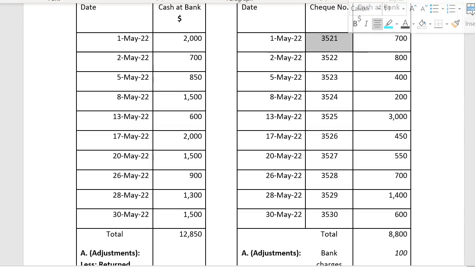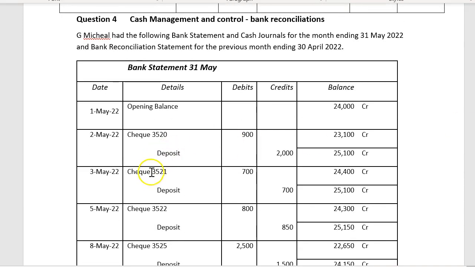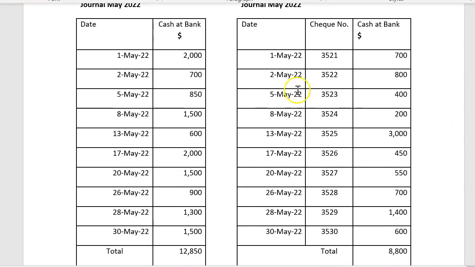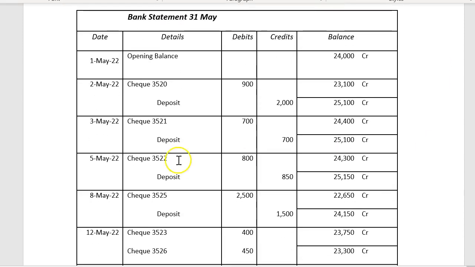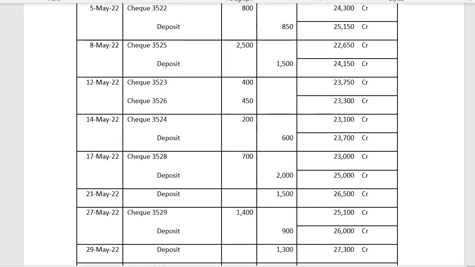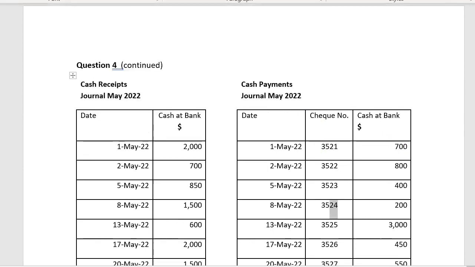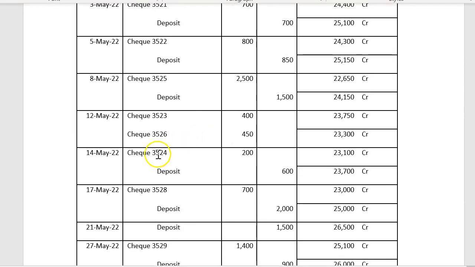Check number 3521, yeah, it is recorded by the bank. 3522, it is recorded by the bank. 3523, it is recorded by the bank. 3524, it is recorded by the bank.